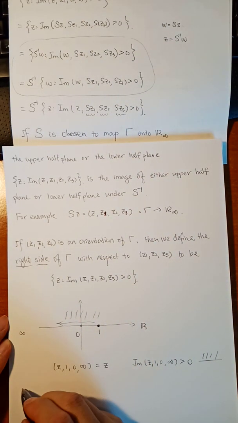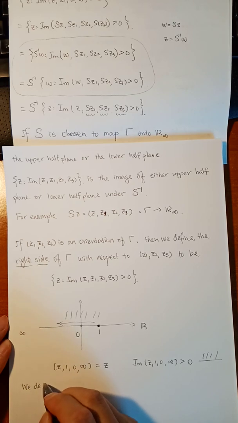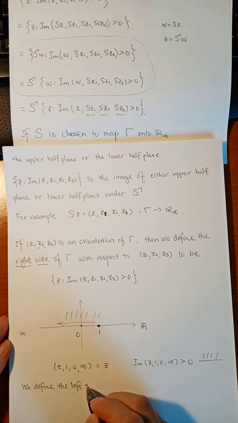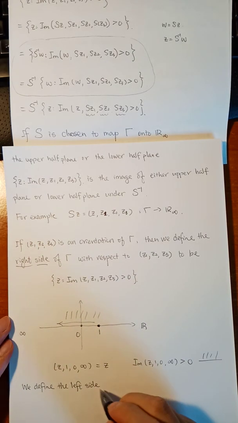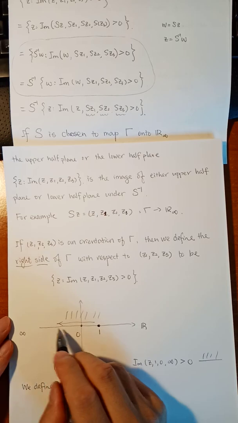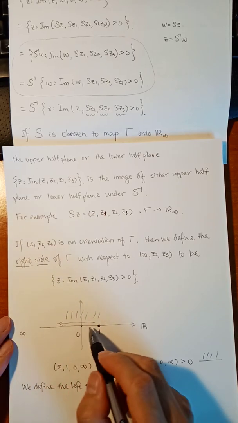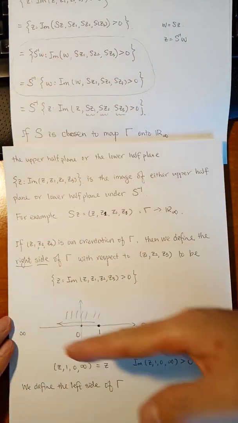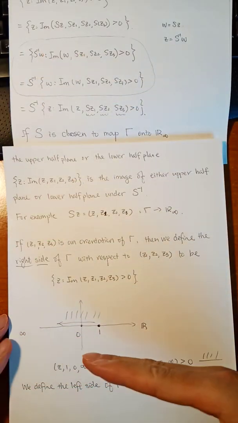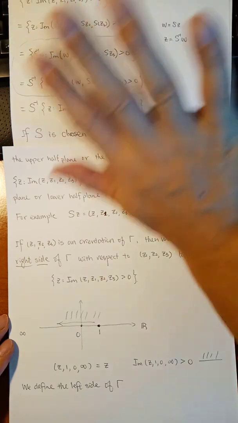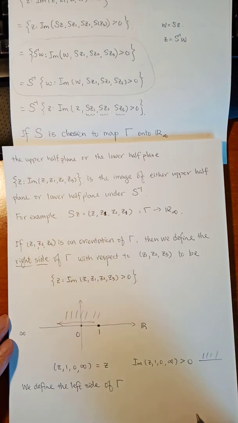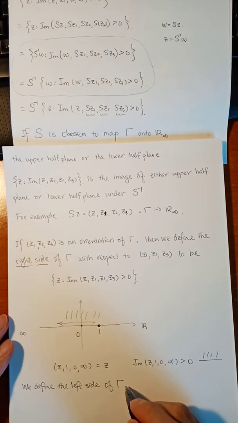Parallelly, we define the left side of gamma, of course, with respect to the orientation, because you're already heading to the left, heading to the west. So the north part is the right side. If you change your direction, of course, you're going to change your side, right? So we define the left side of gamma.